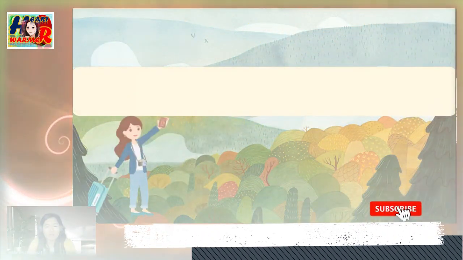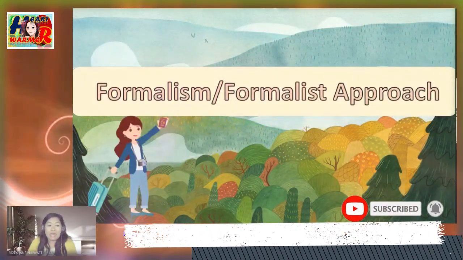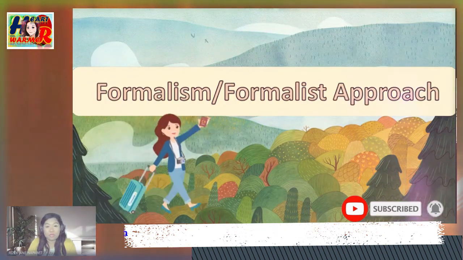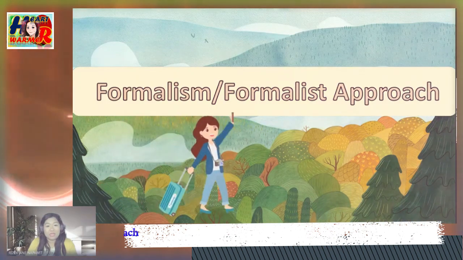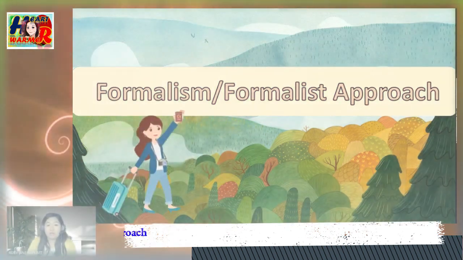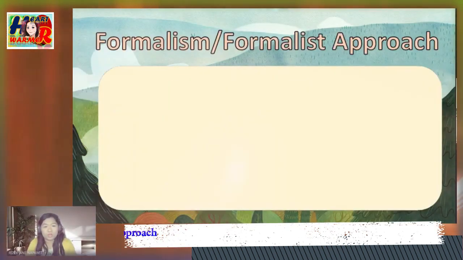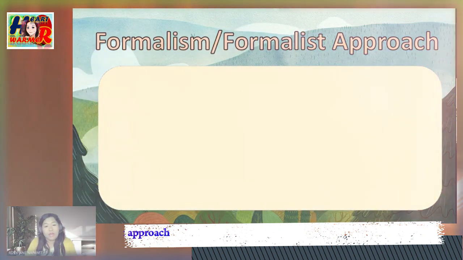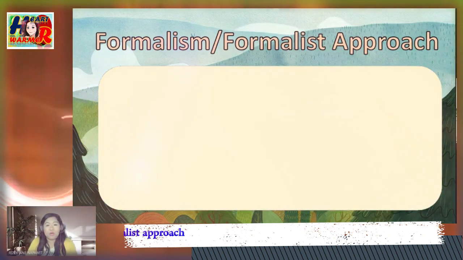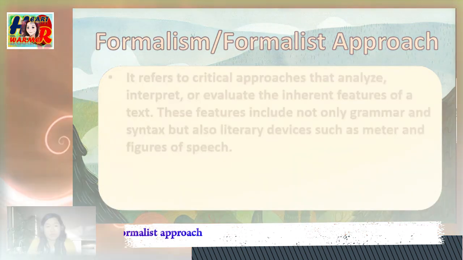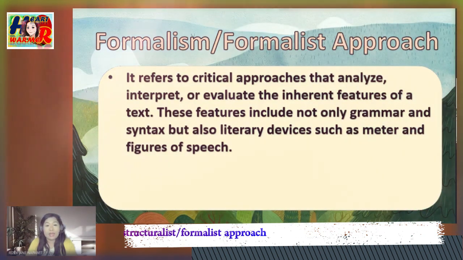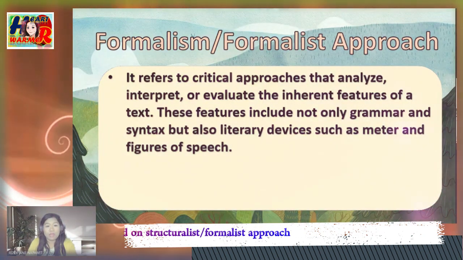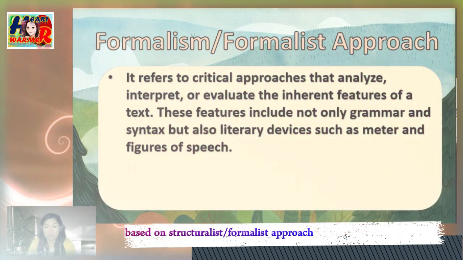This time, let's proceed to the idea of formalism or the formalist approach. The way that we have analyzed literary devices is already one way to use this approach. To further understand what the formalist approach is, let's analyze these ideas. First, it refers to critical approaches that analyze, interpret, or evaluate the inherent features of a text.